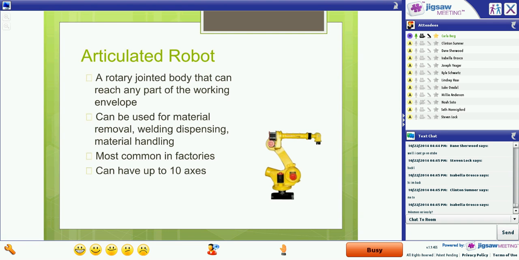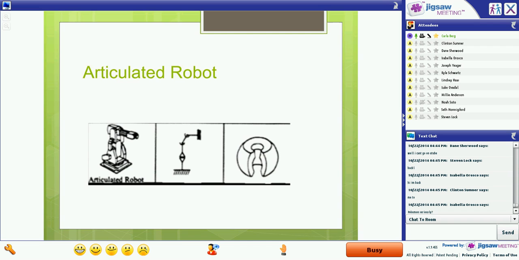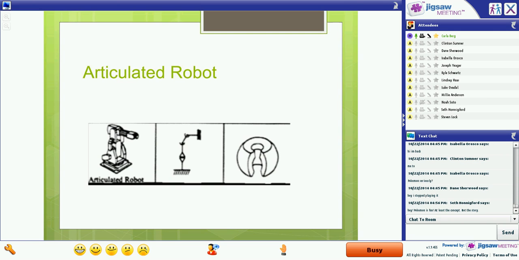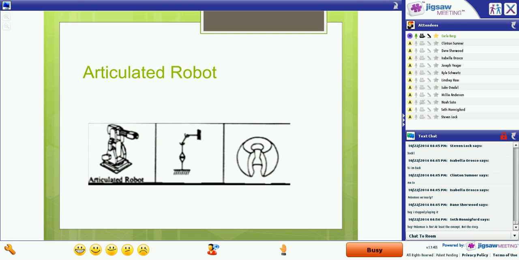The most complex articulated robots can have up to 10 axes, so it has 10 points. And here is a picture, or the diagrams that go along with an articulated robot. Most of the robots in modern factories and in the video we saw are articulated robots.